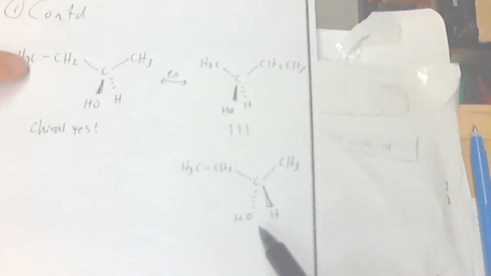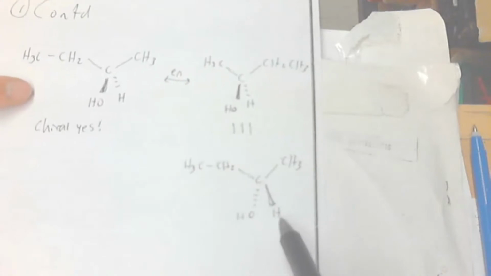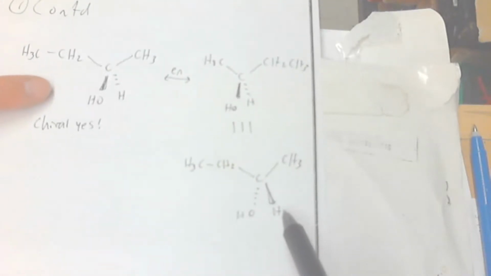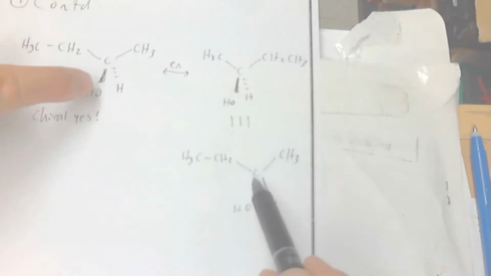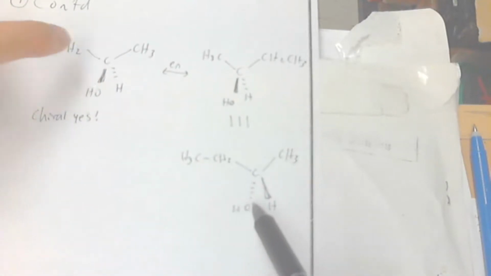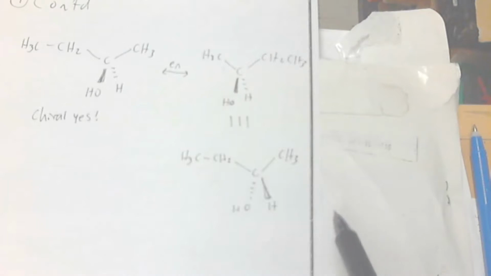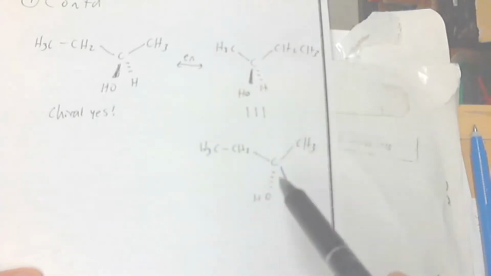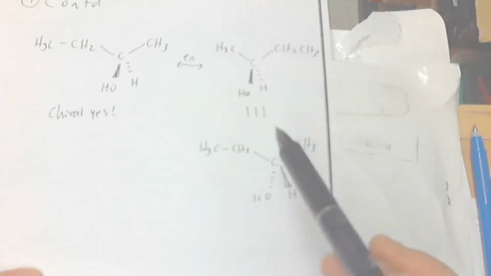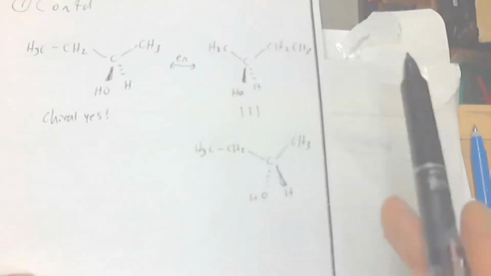If you compare these two molecules, you can totally see they're definitely not the same thing. Everything aligns, but the hydroxy is coming towards us versus going away. One of the points here is that anytime I draw the enantiomer of a molecule, there are multiple ways to draw it.